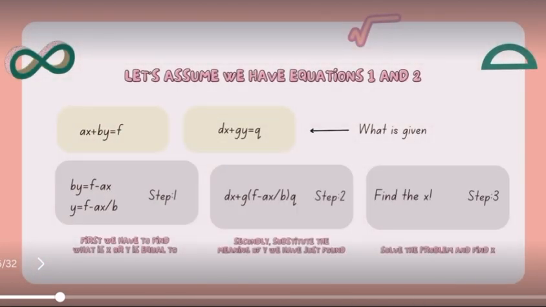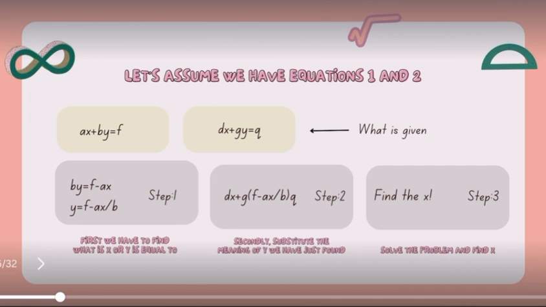Okay, so now let's go to the explanation part. It's quite simple. I think you will understand it from a minute of my explanation. So let's assume we have equations 1 and 2. Here you can see ax plus by equal to f.